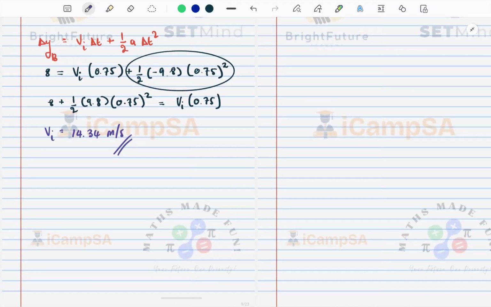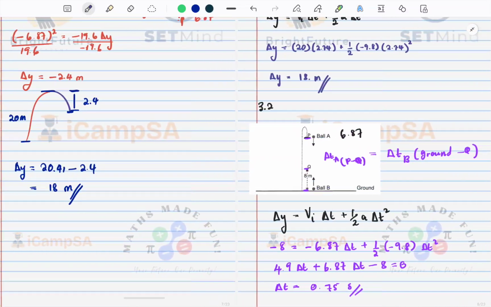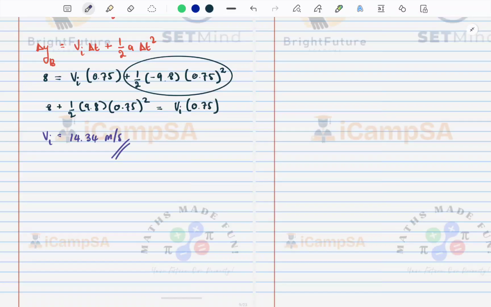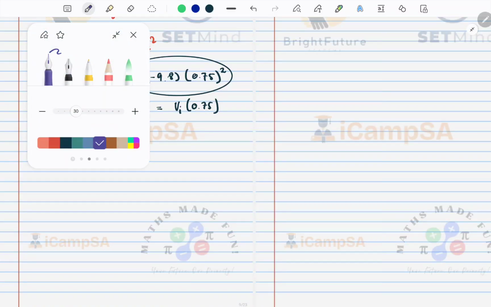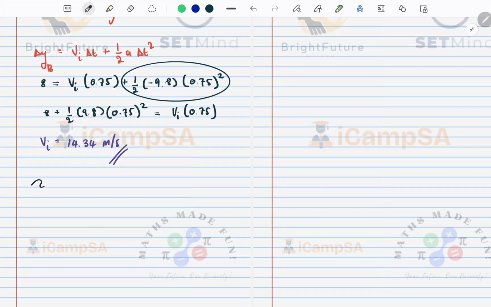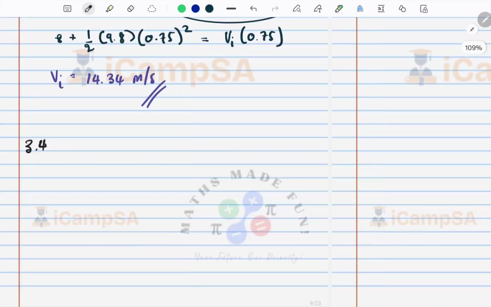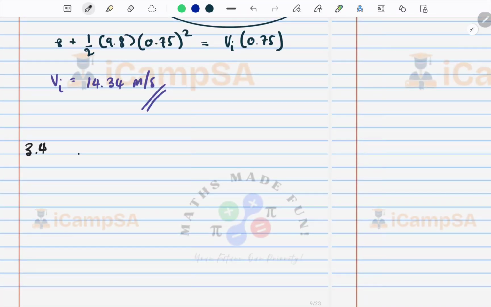So what you need here for position-time graphs is pretty much easy. What you usually do is follow the path of the ball as is. So we can have something like so.